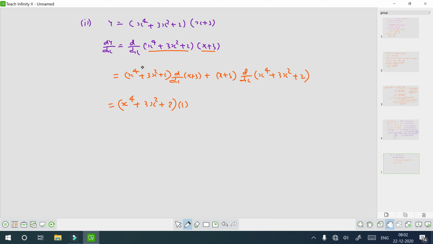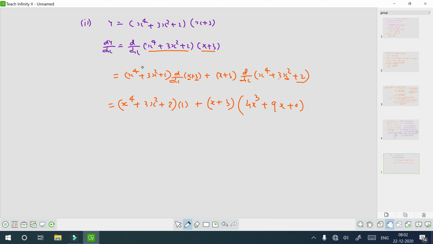This is 1. Derivative of x is 1, derivative of 3 is 0. Plus x plus 3. Here what is derivative? 4x cube plus 9x plus 0. Constant derivative 0. 4x cube. 3 as it is. What is derivative of x squared? 2x.